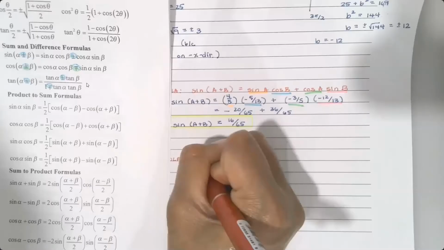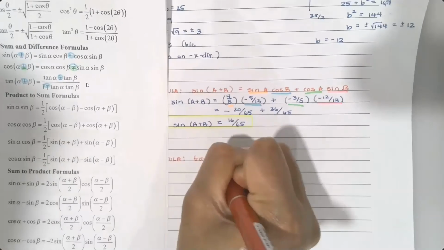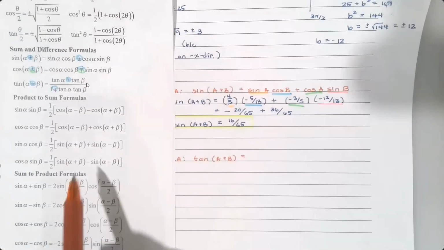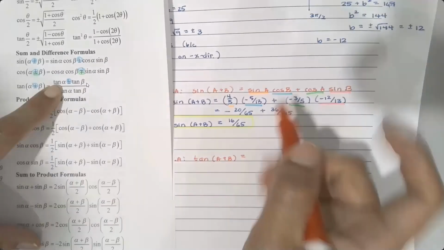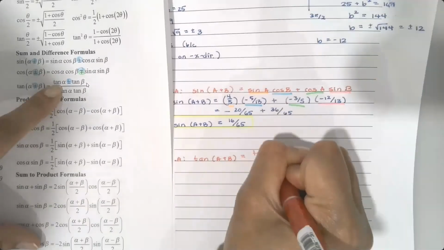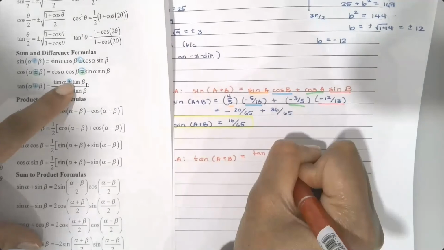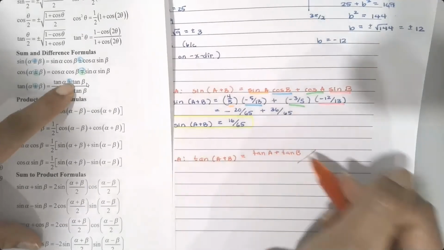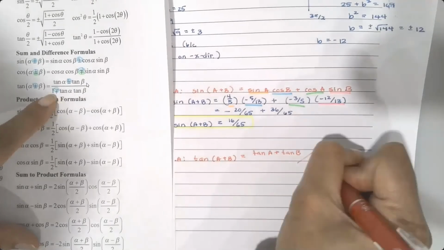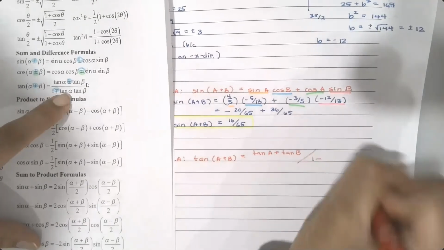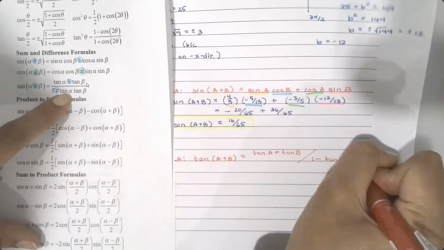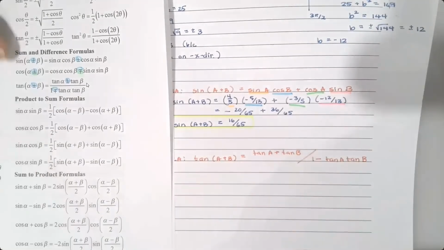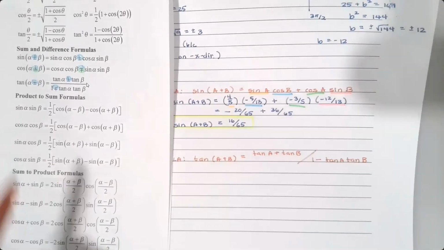The formula is tangent of A plus B is equal to, again, tangent of A plus tangent of B. And then the whole thing is divided by 1 minus tangent of A times tangent of B. That's the formula.